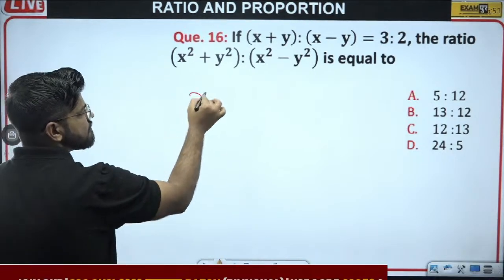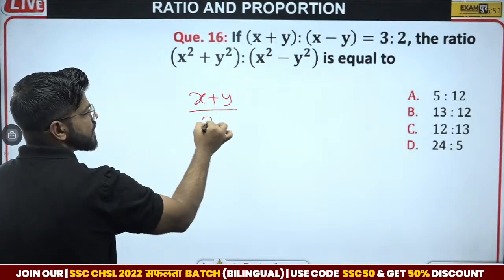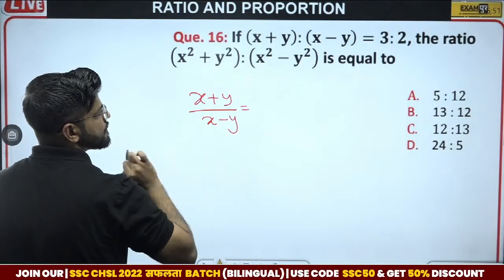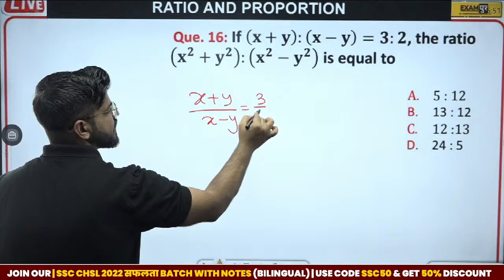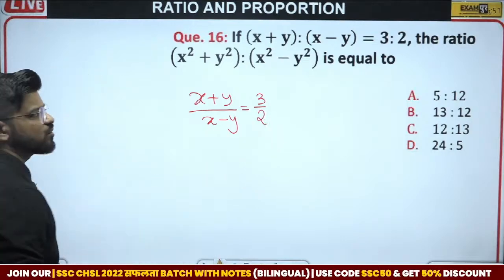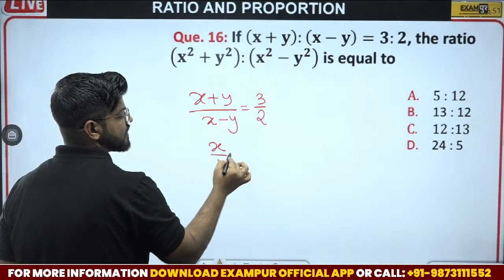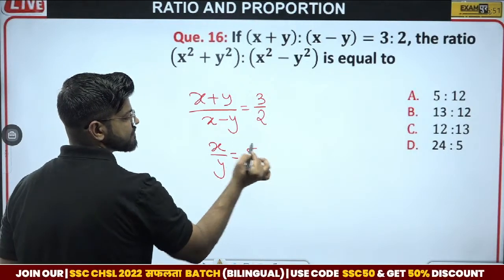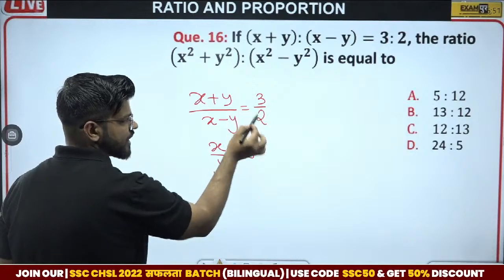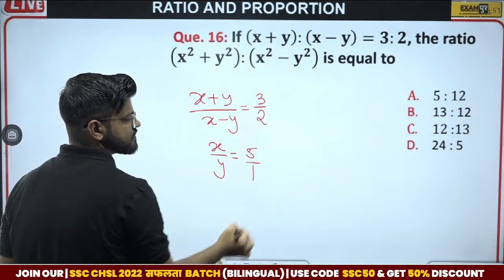So again we have x plus y upon x minus y, right? What is it? 3 by 2. How can we write it? You can say x by y is equal to 3 plus 2, 5, right? And 3 minus 2, 1.